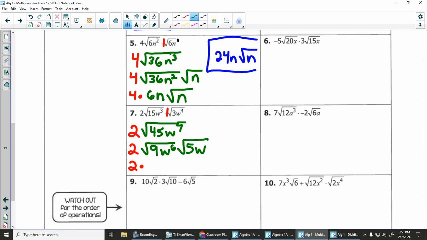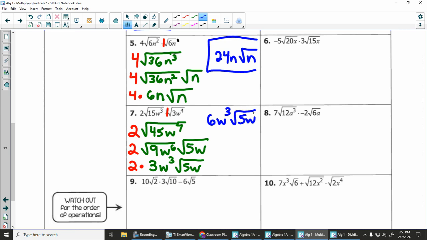So the square root of 9 is 3. When we take the square root of w to the 6th, again, we're just going to cut that exponent in half. So that's going to become w to the 3rd. And then just bring down that radical. And now all I can do is do that multiplication in the front. So we've got 2 times a 3w, so that's going to make it 6w cubed, and bring along my radical.